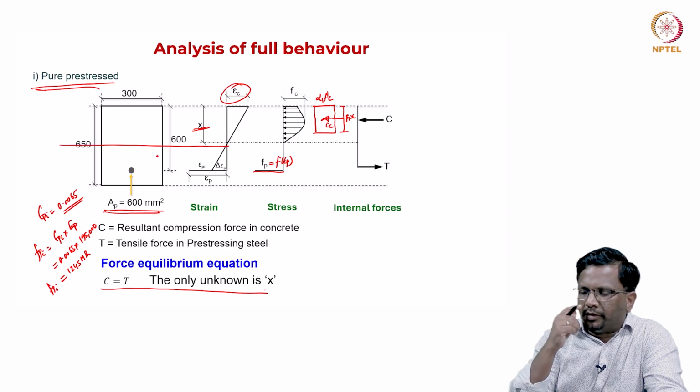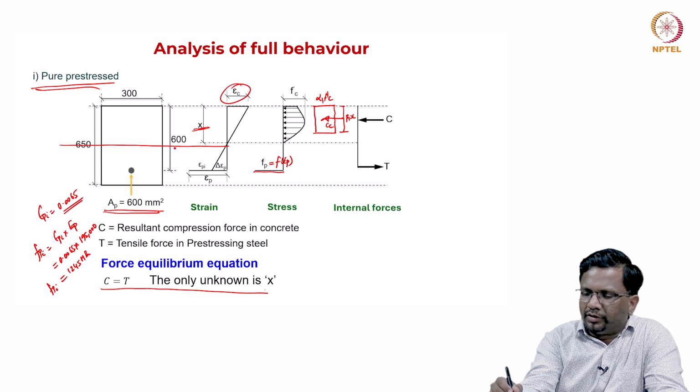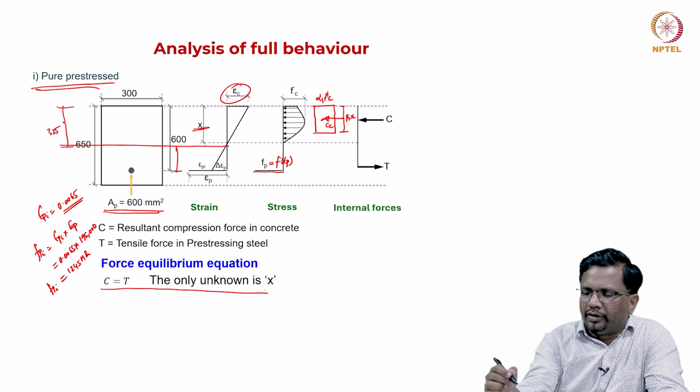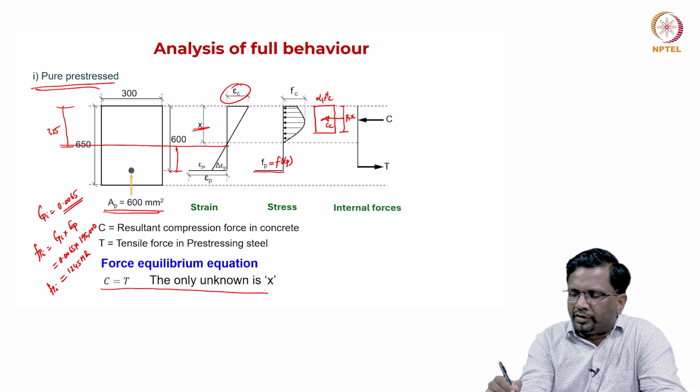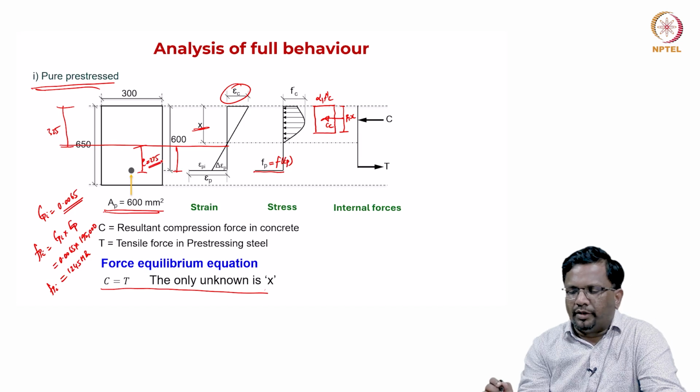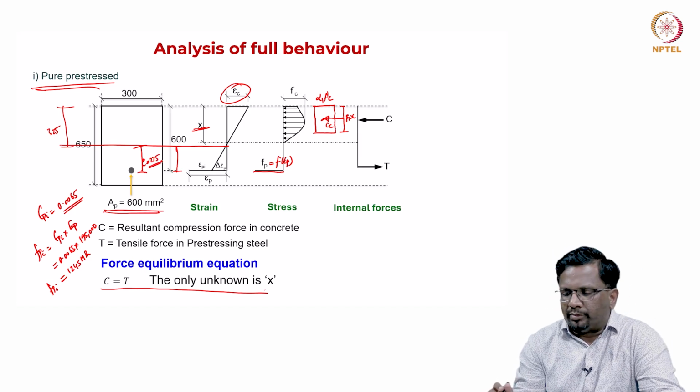So the eccentricity is going to be, from here the total is 325, and this distance is at 600, so 600 minus 325 is your eccentricity. This e is going to be 275. That is the eccentricity of the prestressing force.